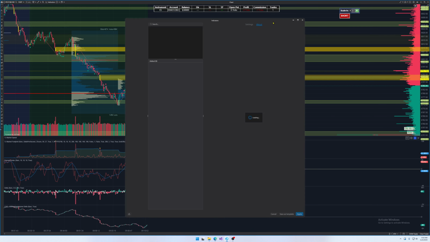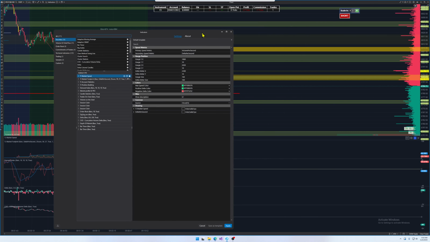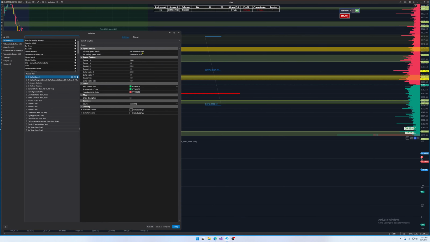Where's my market speed indicator? Not showing for some reason.